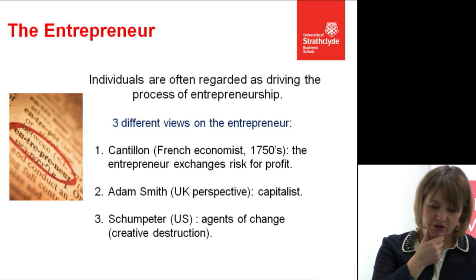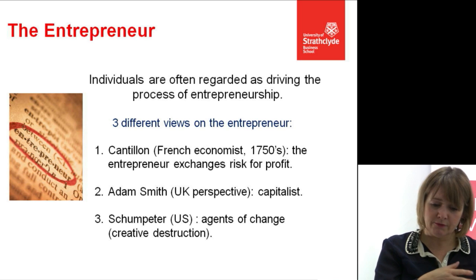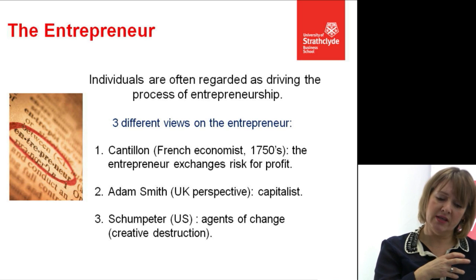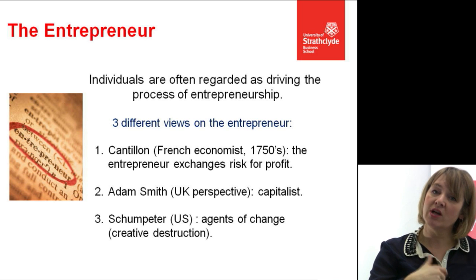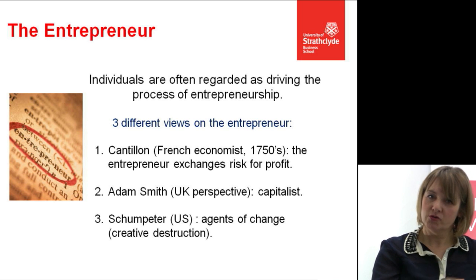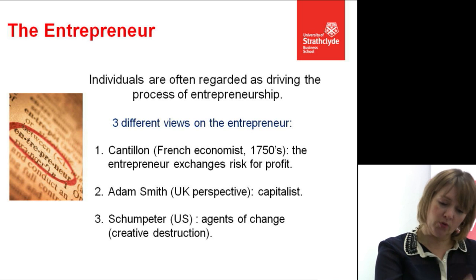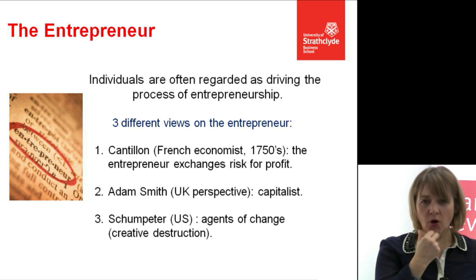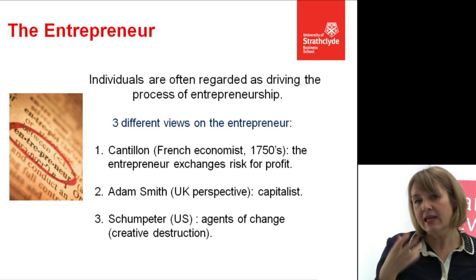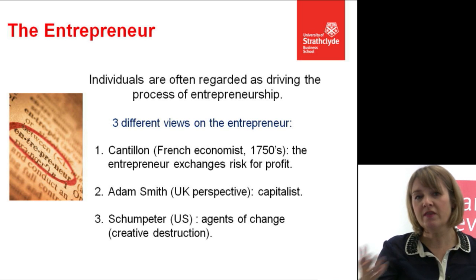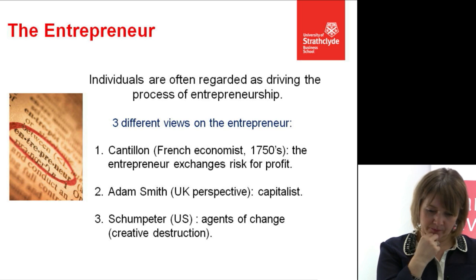Cantillon, who is the French economist dating way back to the 1750s, he actually regards the entrepreneur as exchanging risk for profit. So this notion of risk being important again to the entrepreneur is borne out in this definition, and also the idea that an entrepreneur will engage in risky behaviour because they think there's a payoff, they think there's a profit.